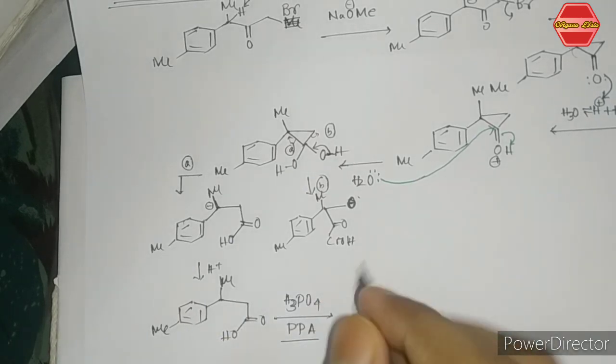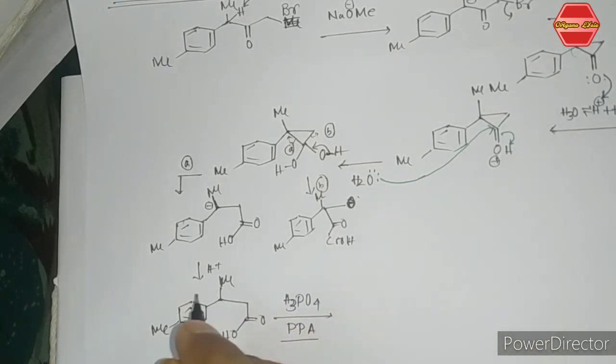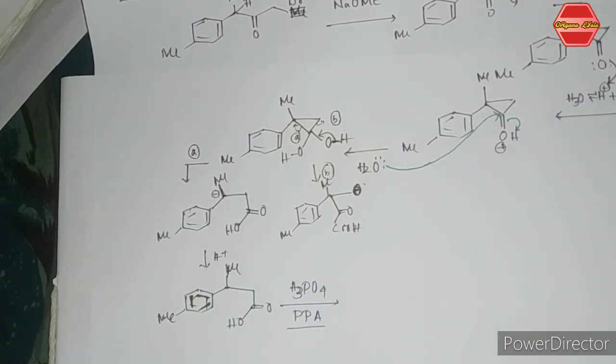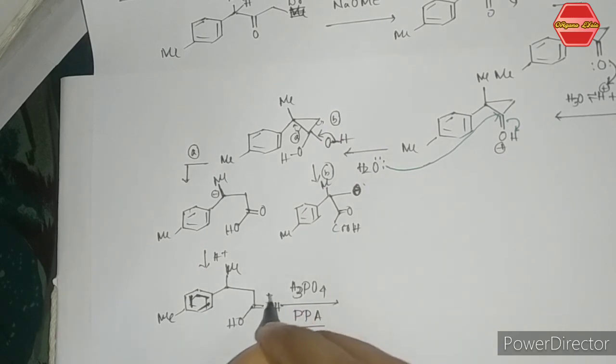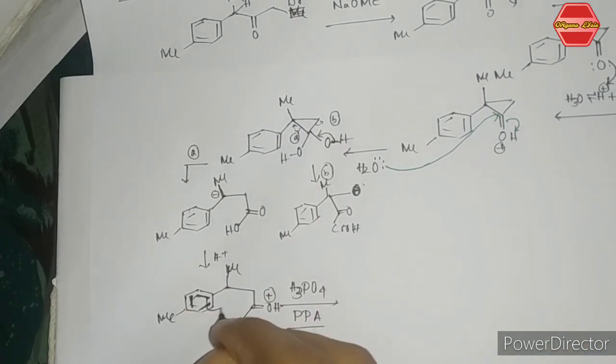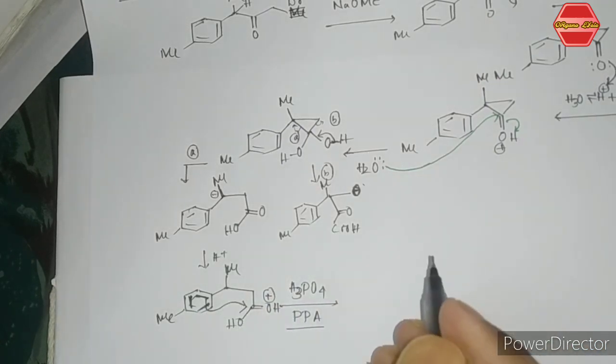So how will the ring closure take place? Okay, so here is this type of double bond, like here. I am writing it this way. There is a proton source H3PO4, so this oxygen will take up a proton and become OH plus, and after that the negative charge will attack over here.